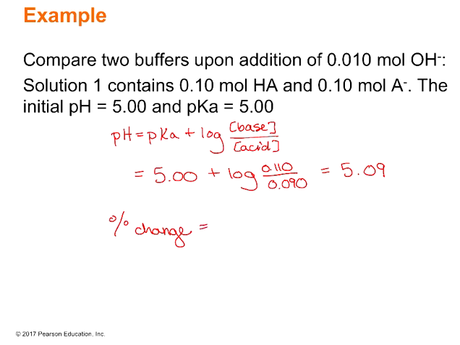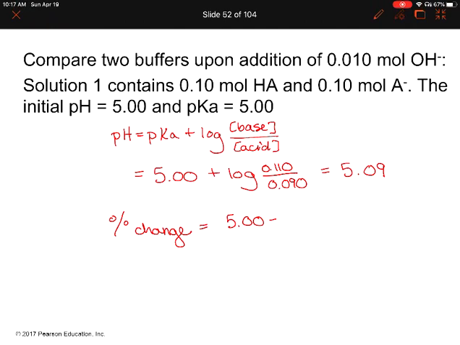So to calculate the percent change, we're going to take the difference in final pH and initial pH, and then we'll divide that by the initial pH and multiply by 100 to get our percent. So we'll end up with a percent change of 1.8%. So that's pretty good.